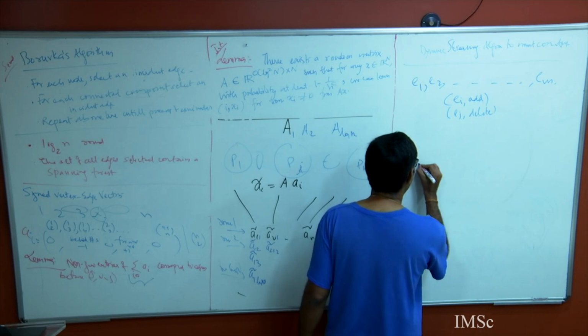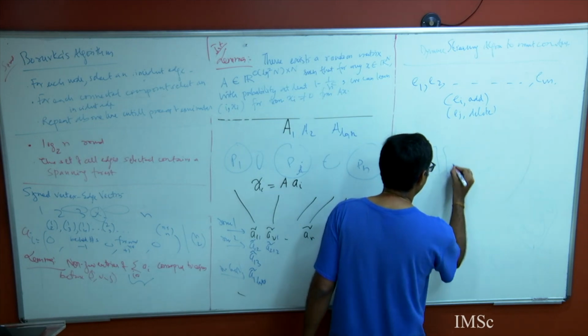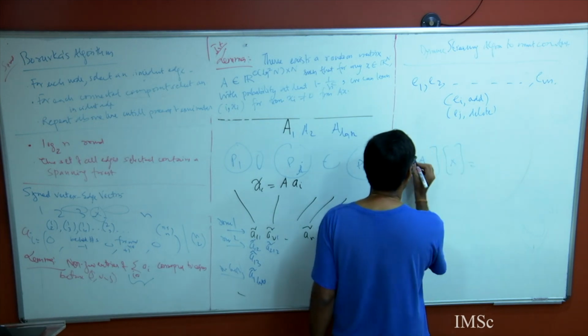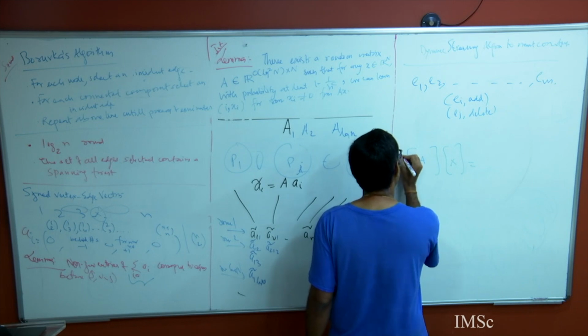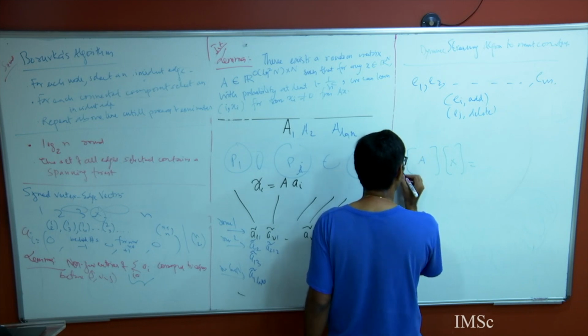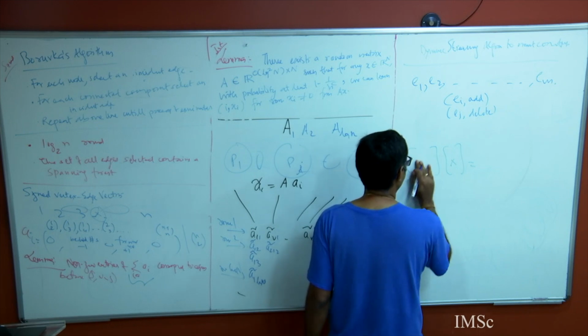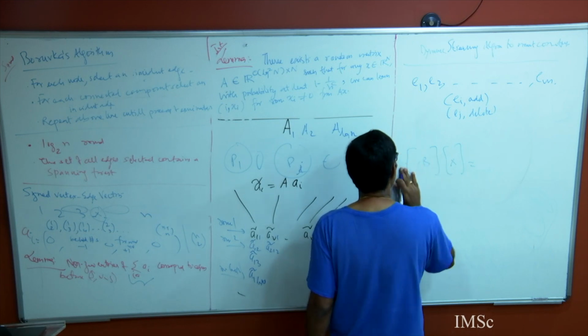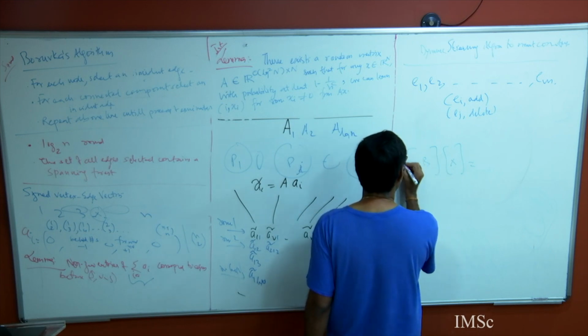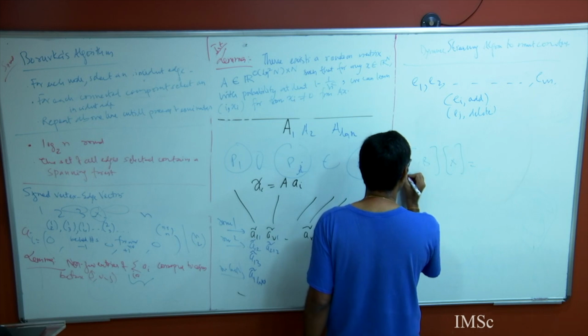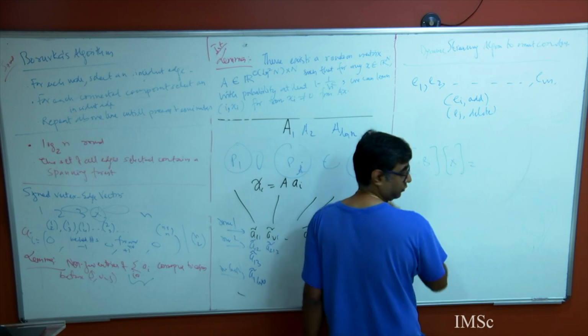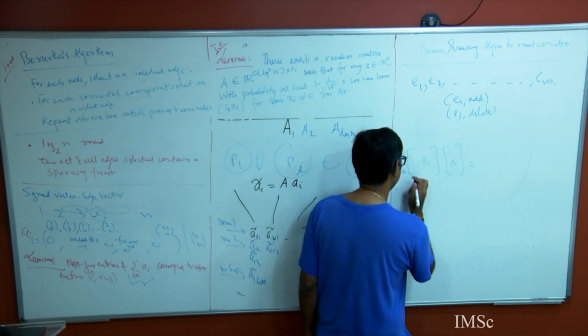Look at your matrix A and X. Suppose this has columns A1, A2, or let's say matrix B, because we are already overloading A: B1, B2, B log n, for example, or BL.